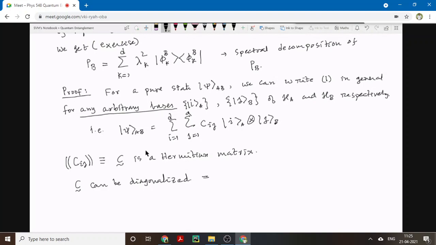That means there exists a unitary matrix U such that U dagger C U is going to be some D. So here this D is a diagonal matrix.